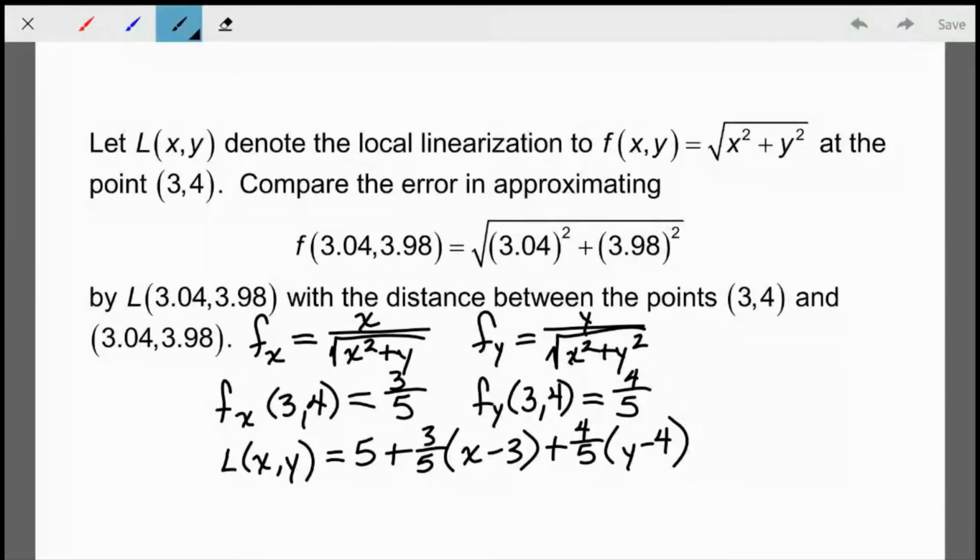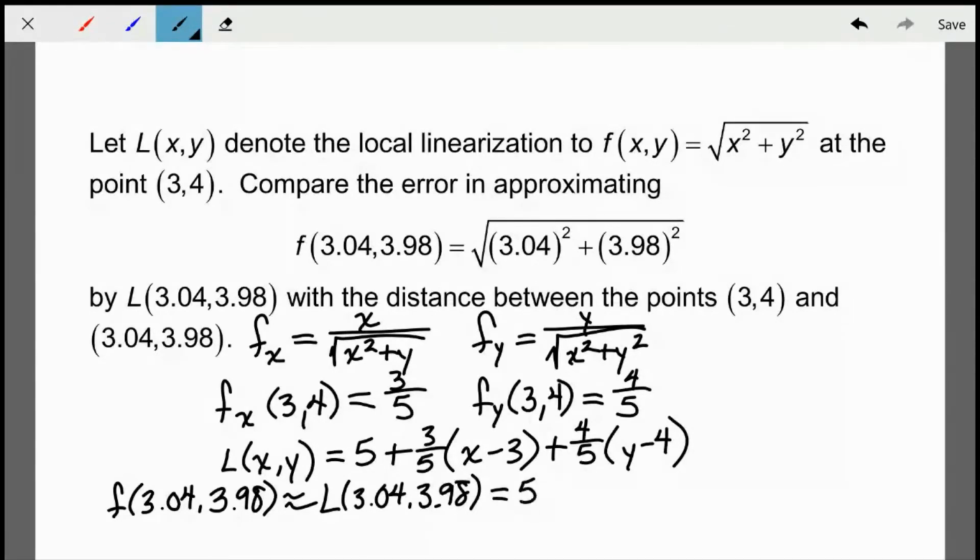So when we plug into this, if I were to go through and say, all right, f of 3.04, 3.98, that can be approximated by that linearization with 3.04, 3.98 plugged into it. I'm not going to plug all the values in. You can do that on your own if you'd like. But when I plug that in, I get 5.008. Okay, so let's look at the actual value.